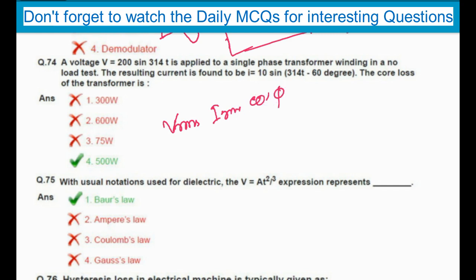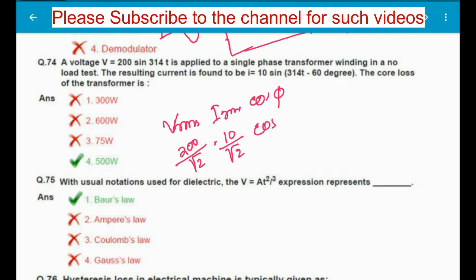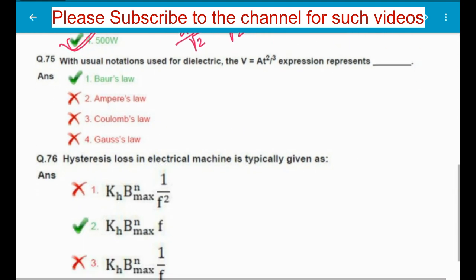What is the RMS value of voltage? 200 by root 2, and current is given 10 by root 2, and what is cos phi? This is cos 60 degrees. So this will be 500 watt. Option 4.